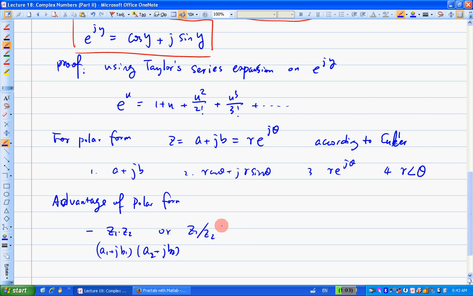Same thing here, this will be a1 plus jb1 over a2 plus jb2. So that is the standard operation.